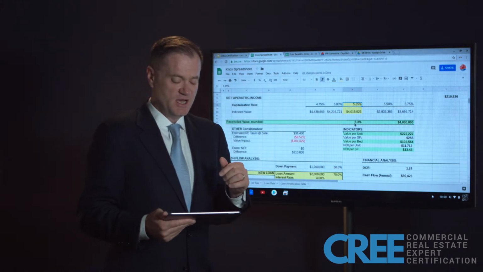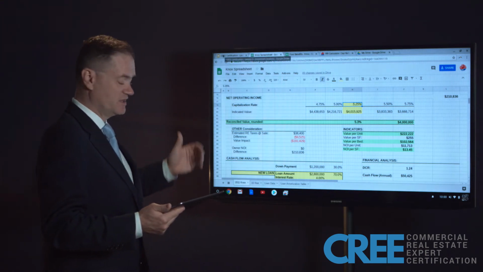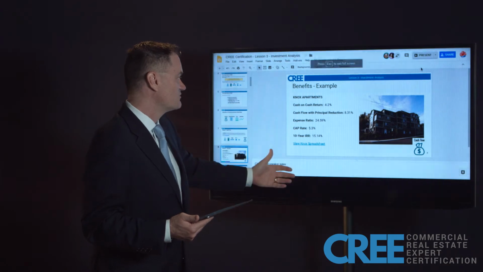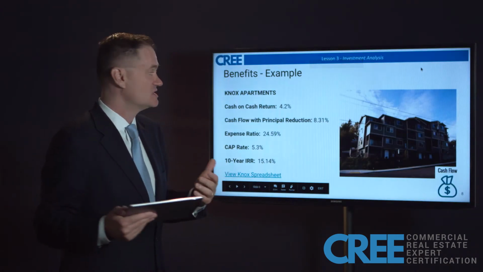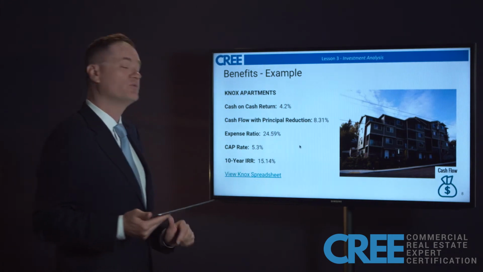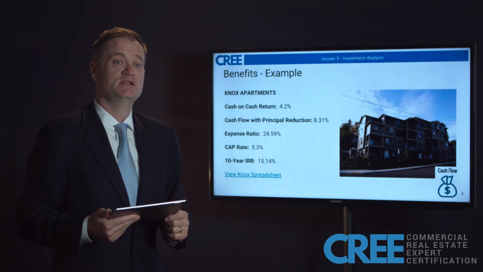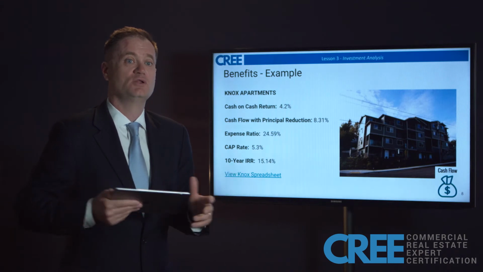And so as we go back to the main slide, you're going to see that these different summary calculations are all coming from that spreadsheet, and so we're pulling that information out. I didn't show you the internal rate of return, and we're going to get to that a little later in this session, and we'll talk to you about how to look at that investment over a long period of time.